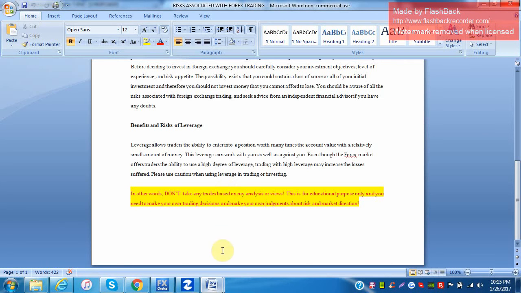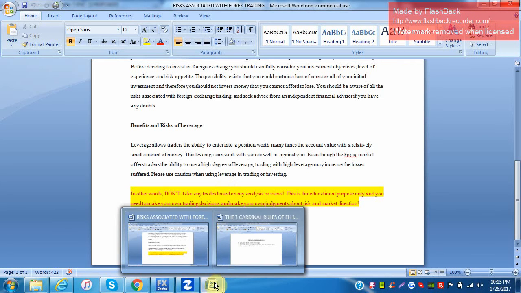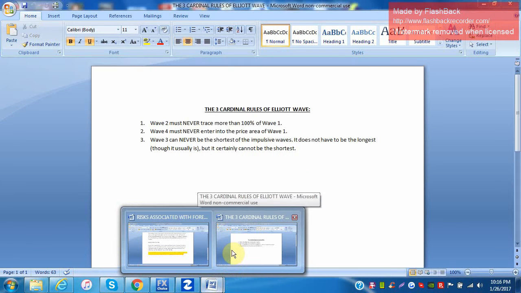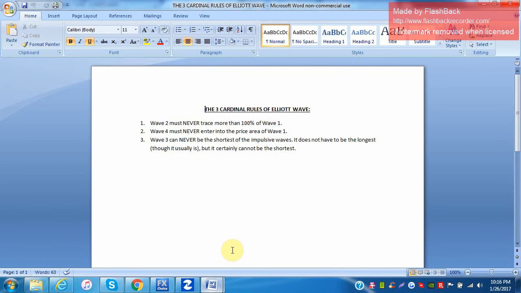Okay? So, there's a lot you can learn about Elliott Wave, but there are 3 cardinal rules, and I'll show it to you on a chart here in a second. There are a lot of guidelines and things that you can look for and use as probabilities, but these are the 3 cardinal rules of Elliott that you cannot violate.